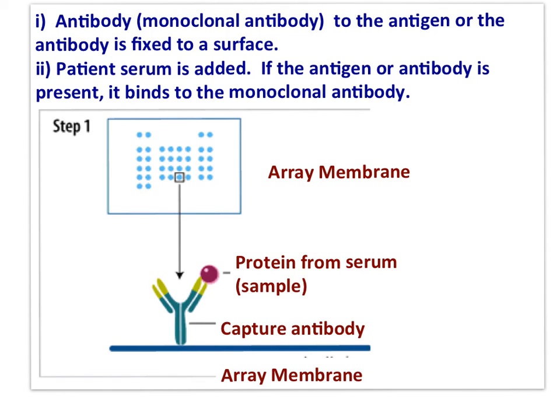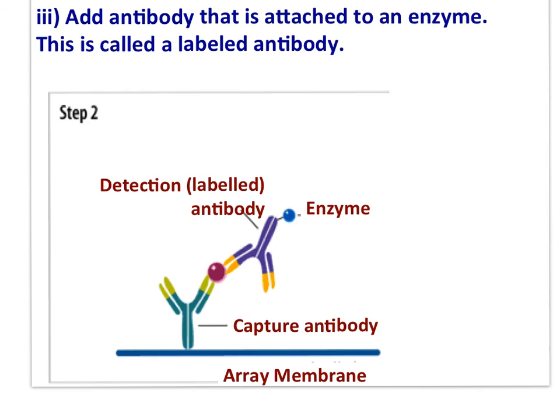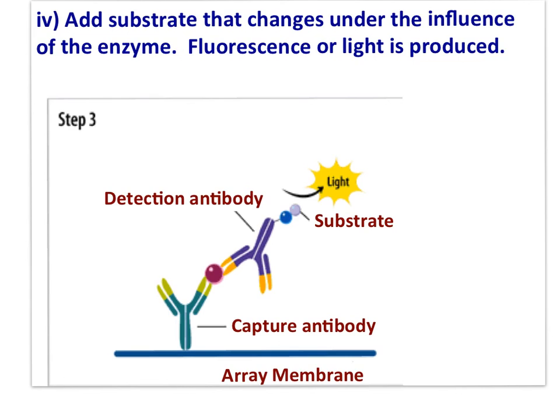Blood serum is added, and if the antigen is present in the blood of the patient, it binds to the fixed antibody. Then a detection or labeled antibody is added. The detection antibody has an enzyme or a fluorescent molecule attached. Then add a substrate that changes under the influence of the enzyme.